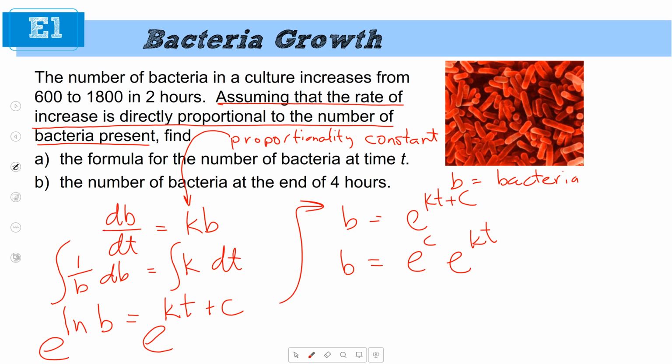And as we addressed earlier, what's e to the C? C. So B is equal to C times e to the kt. Well, that equation should look fairly common or familiar. That's the Pert equation, just rephrased. All right, questions on that process? So we just used some calculus to get where you would have been with pre-calculus. We haven't even solved the questions yet. So now let's do that.